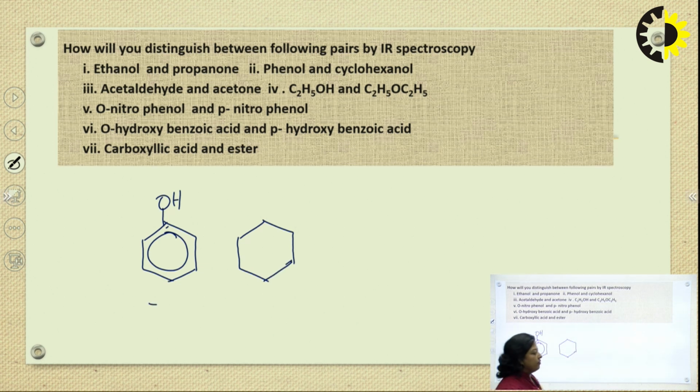Yes, CH bond. Which one has the higher frequency of CH bond, cyclohexanol or phenol? We have seen that one has a C double bond CH group, and this is a single bond CH.